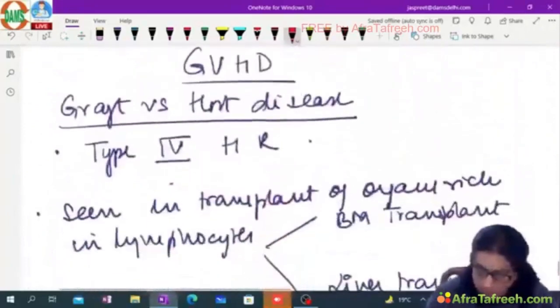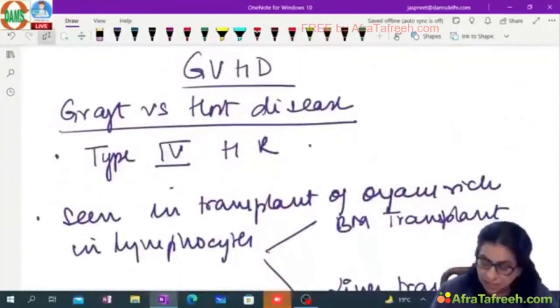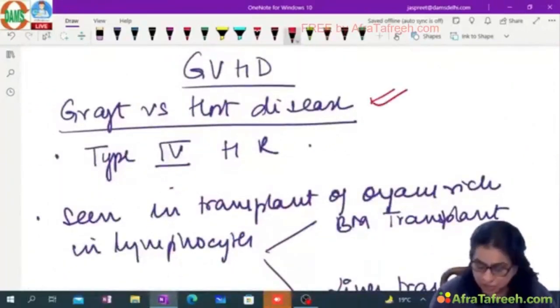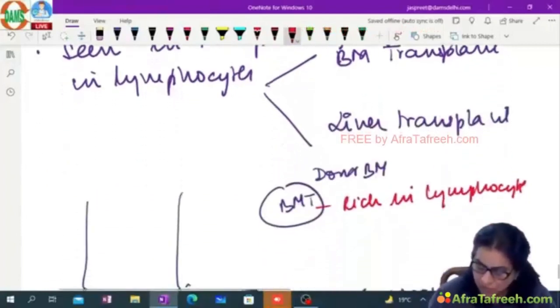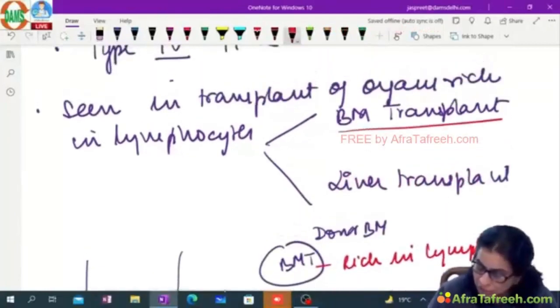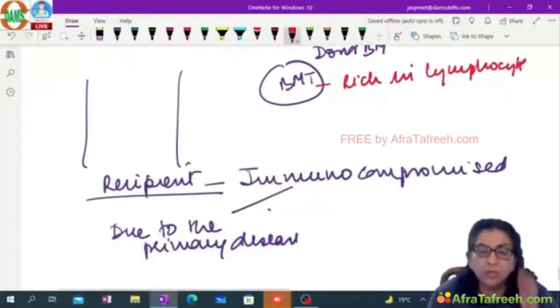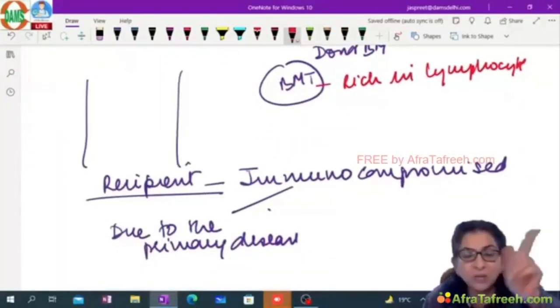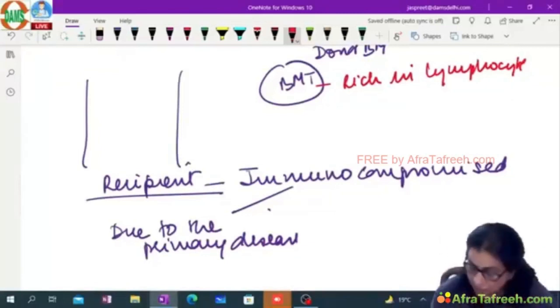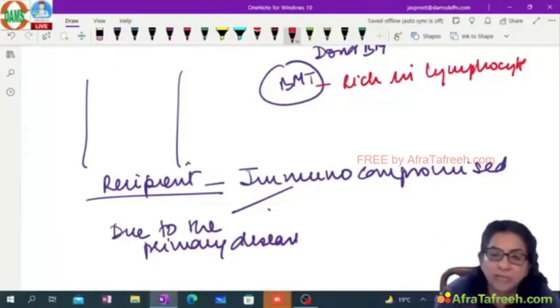Okay. Now, organs that are rich in lymphocytes have a problem called GVHD, which is a type 4 reaction. Which are the organs rich in lymphocytes? Bone marrow and liver transplant. So now say this is a recipient who needs a bone marrow transplant. Here the recipient's immune system is not okay. The recipient is immunocompromised due to the primary disease.